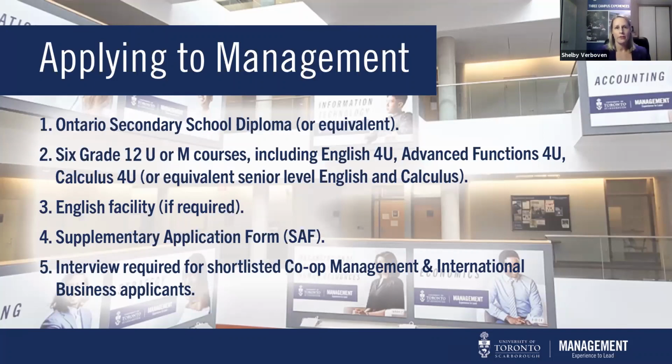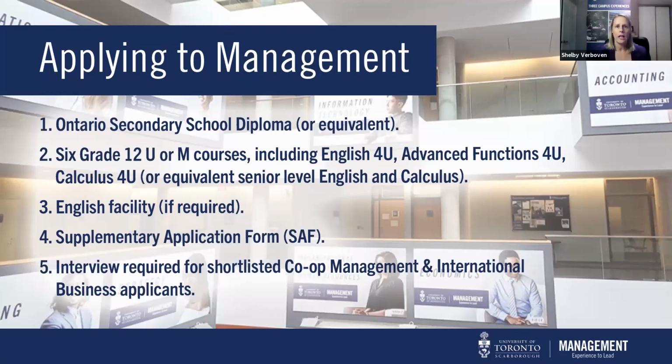We want to see that you have 6 grade 12 U/M courses, and those courses need to include grade 12 English, advanced functions, and calculus. Again, if you're not in Ontario, we're going to look for the equivalent of those senior level English and calculus courses. You'll need to meet our English facility requirements, and you can find all those requirements on the website.